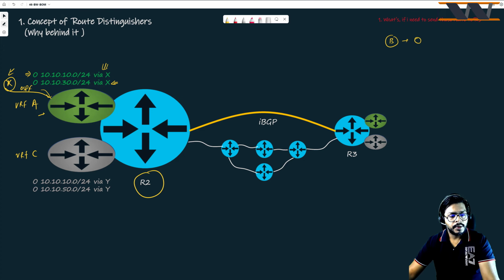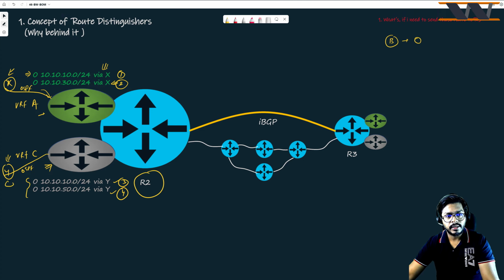Interesting. There is another virtual router, C, the gray VRF, and it is also connected with some router Y, running OSPF between this VRF and router Y, and Y is advertising some OSPF routes towards the gray router. As you can see here, 10.10.10.0/24 via Y and 10.10.50.0/24 via Y. If I number them, these are route number 1 and route number 2, which are part of VRF green, and this is route number 3 and route number 4, which are part of VRF gray.